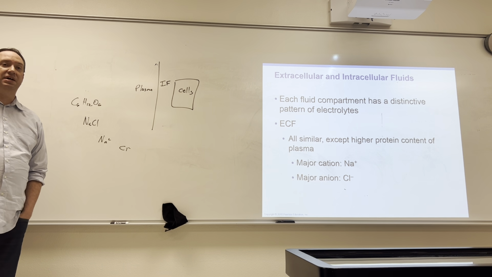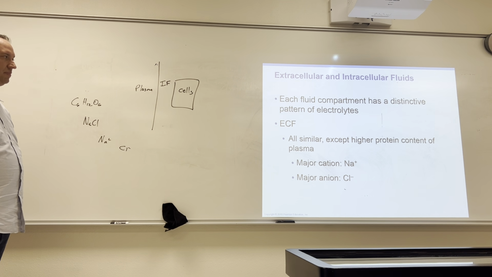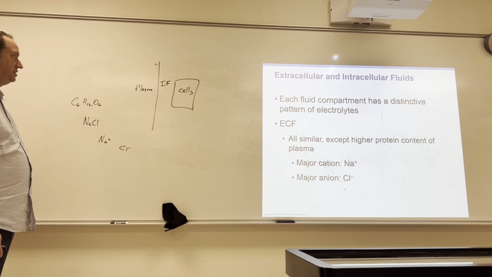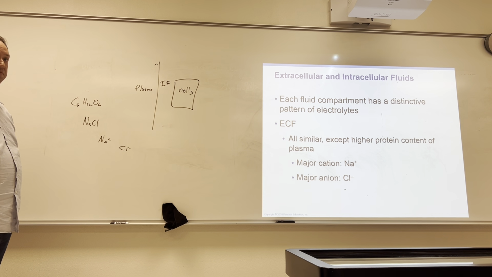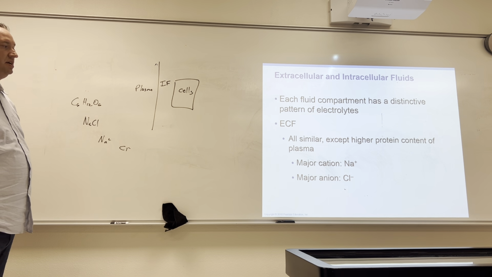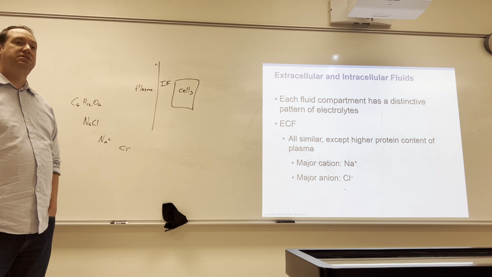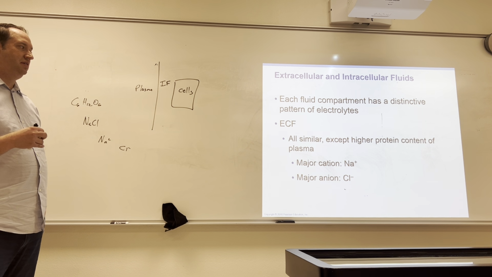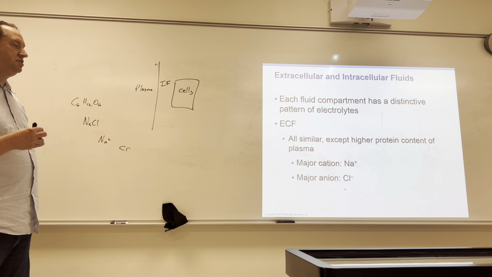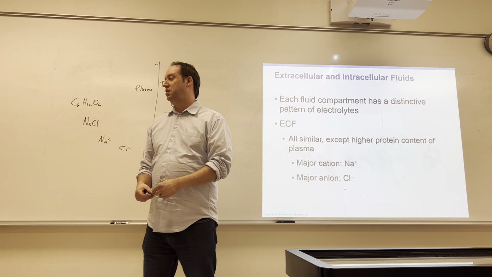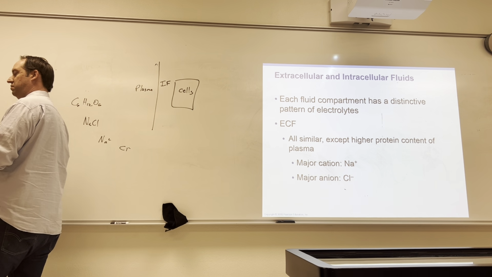Each fluid compartment has different ions in it. The extracellular fluid, the stuff that's outside the cells, when we're talking about plasma or whatever, it's got sodium. Sodium on the outside, potassium on the inside. So the major cation of the extracellular fluid is sodium. Chloride just follows sodium around. Chloride balance is sodium balance, so there's your anion.